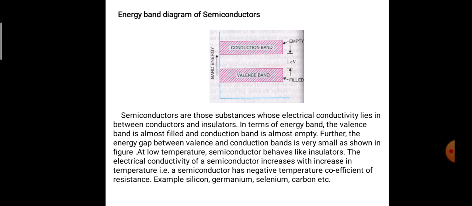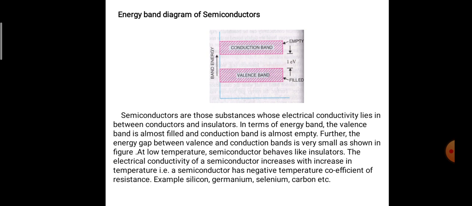Now we are discussing the energy band diagram of semiconductors. Semiconductors are those substances whose electrical conductivity lies in between conductors and insulators. In terms of energy band, the valency band is almost filled and the conduction band is almost empty. Further, the energy gap between valency and conduction bands is very small as shown in the figure.